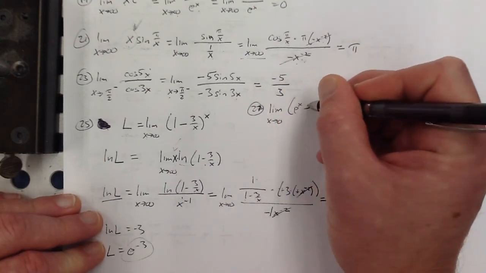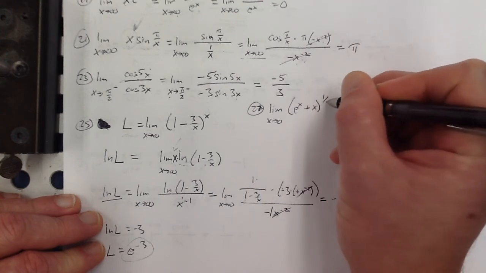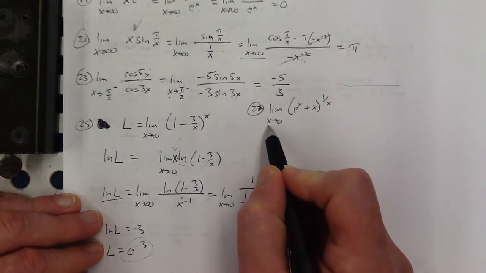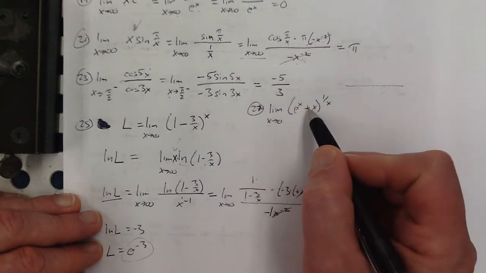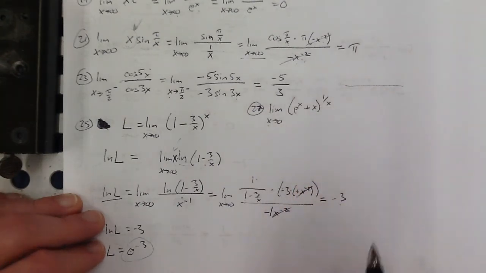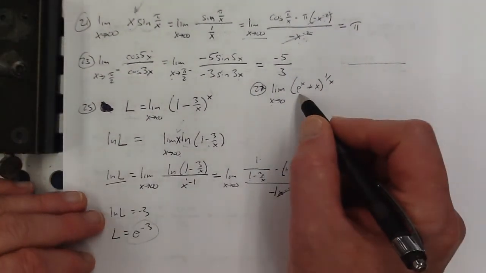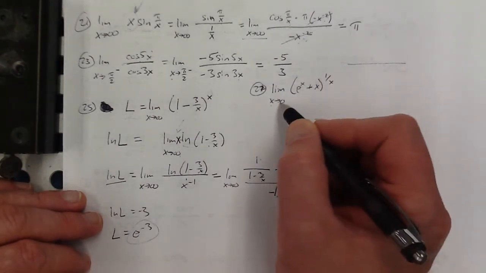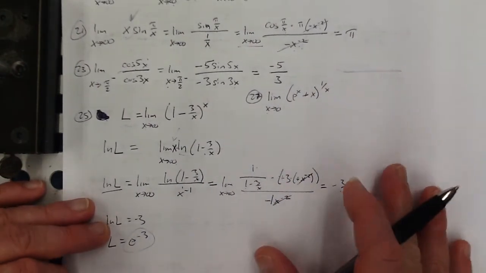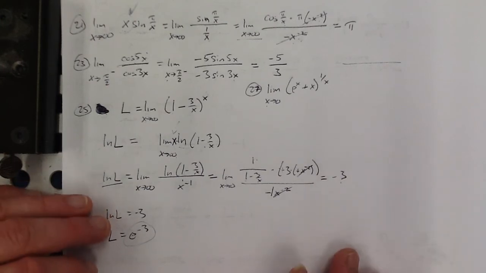e to the x plus x, to the 1 over x. So quick check, we're going to 0 here, so that is 0 to the infinity, and that is the, oh, is that the other kind that we thought? Oh, no, sorry, it's 1 to the infinity. Yeah, e to the 0. So it is that other form.